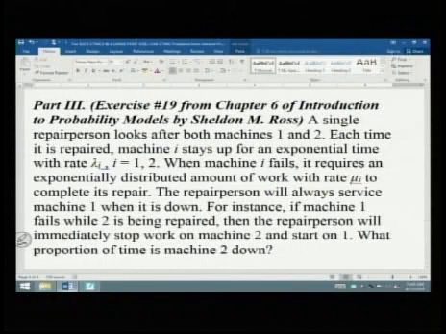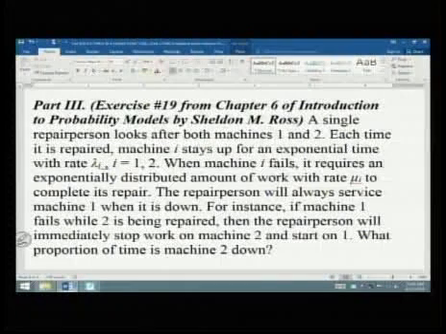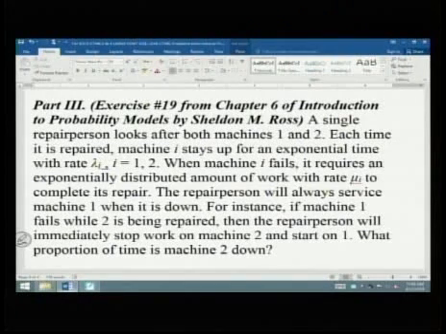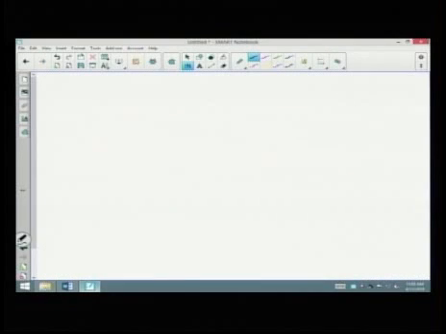Of course, each state should represent a different status of each machine. So intuitively, I do that. Since there are two different machines, each machine can take two different states, right? Either the machine is down or the machine is up. So we're going to have 4 different states, right? That's what I'm going to do.